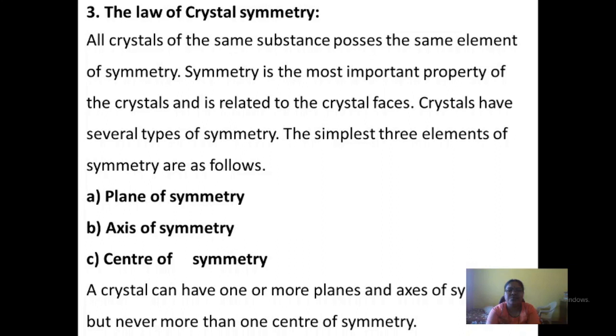The simplest three elements of symmetry are as follows: the plane of symmetry, the axis of symmetry, and center of symmetry. A crystal can have one or more planes and axes of symmetry, but never more than one center of symmetry.